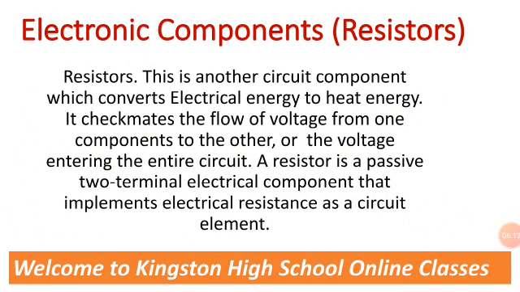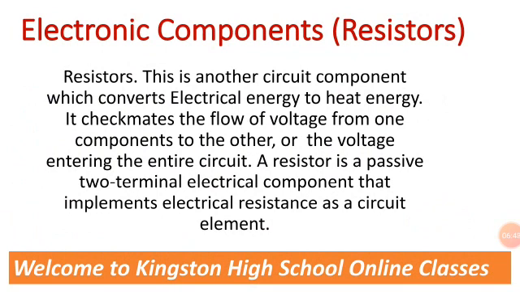So you use a resistor to convert the excess current into heat and dissipate it to the surrounding, to the outside of the circuit, so as to allow only 1 ampere to enter the integrated circuit. We say that it checkmates the flow of voltage from one component to the other, or the voltage entering the entire circuit. A resistor is a passive 2-terminal electrical component that implements electrical resistance as a circuit element.